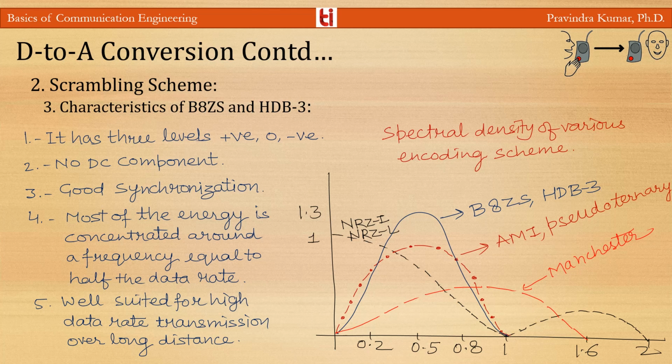As we see, the spectrum of B8ZS and HDB3 is good. It allows the transmission through a medium with less distortion and attenuation, because it will match perfectly with the band pass nature of the transmission medium.